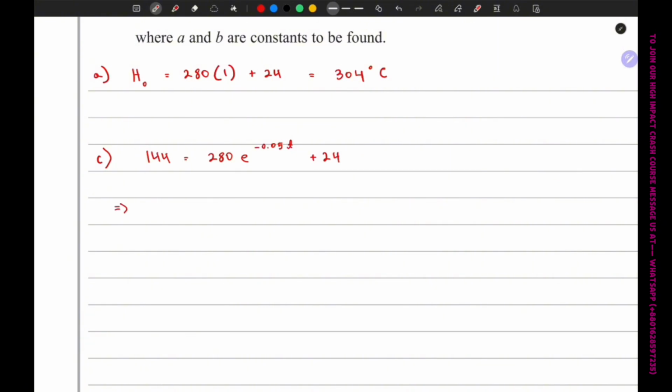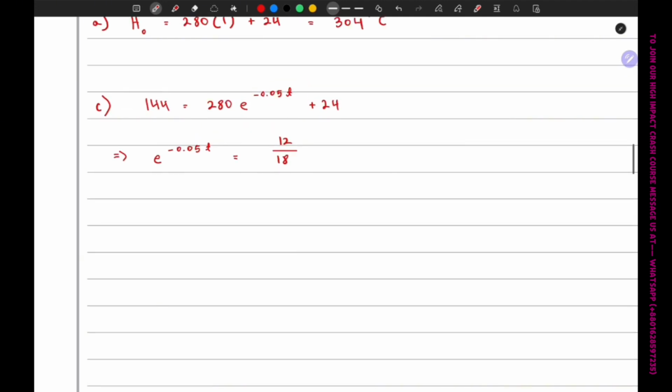So if we make e to the power negative 0.05 t the subject, we should get 120 over 180. So it's basically 12 over 18. Now if you take this e to the right hand side of the equation, this will become negative 0.05 t, and the right hand side of the equation will become log e 12 over 18.